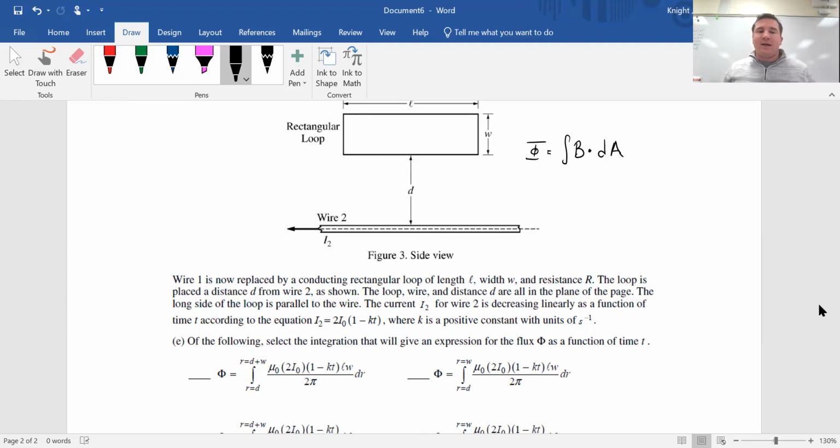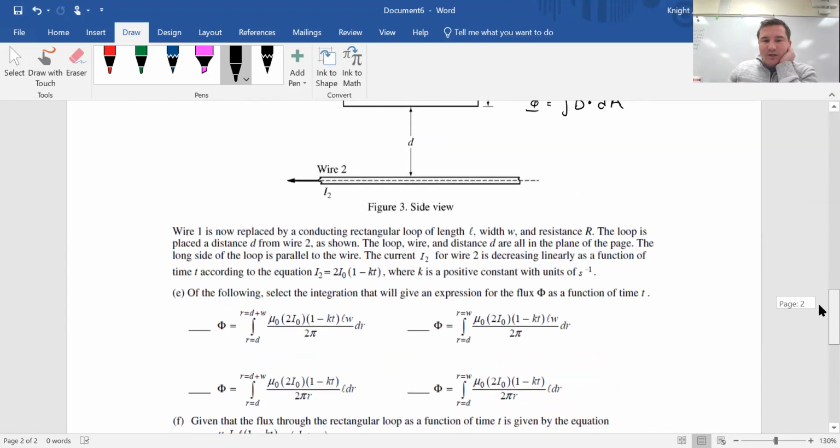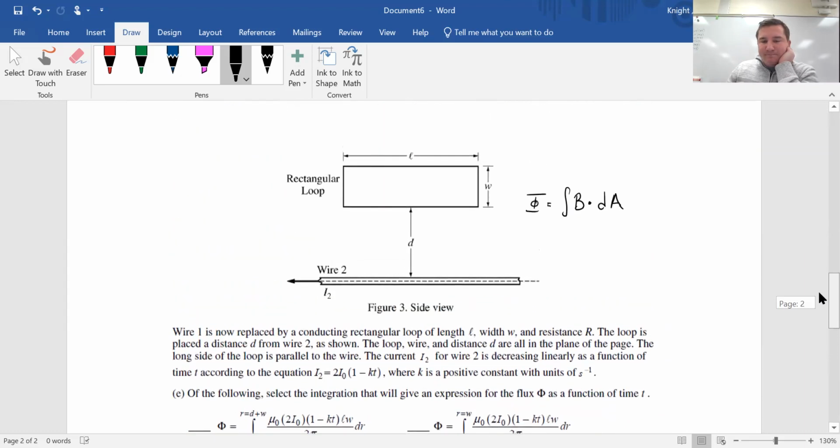Okay, so we have to take that integral B dot dA and eventually match it with one of these equations down here. So how would we do this, right? What would we do? Well, my initial thoughts, right? It's B that's changing. It's not A that's changing, but that's something to consider later, right?